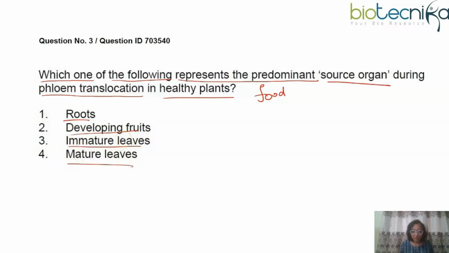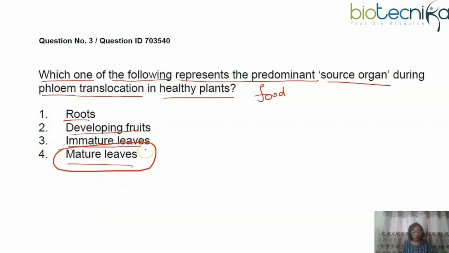It's kind of obvious that out of these, the mature leaves are the ones which actively carry out photosynthesis. They fix more carbon than they give out through respiration, and that is the reason why mature leaves are the predominant source organ. Roots are not involved in photosynthesis, so that's a sink.